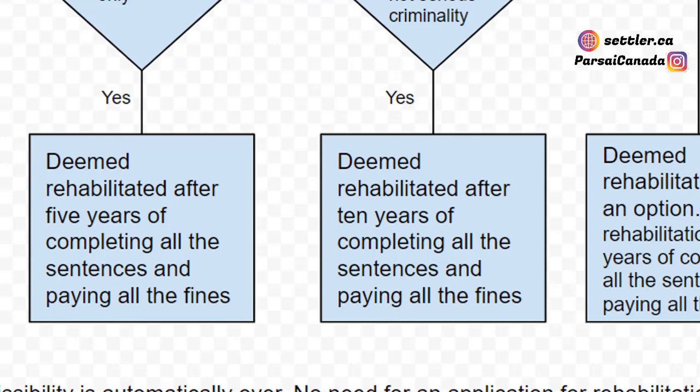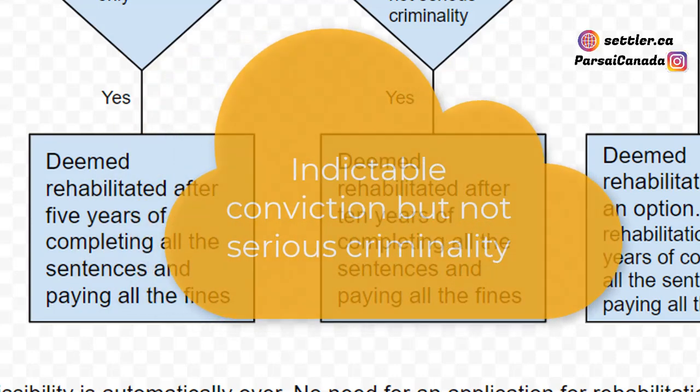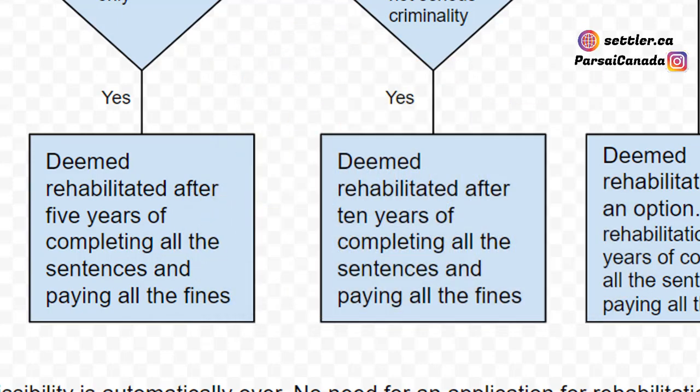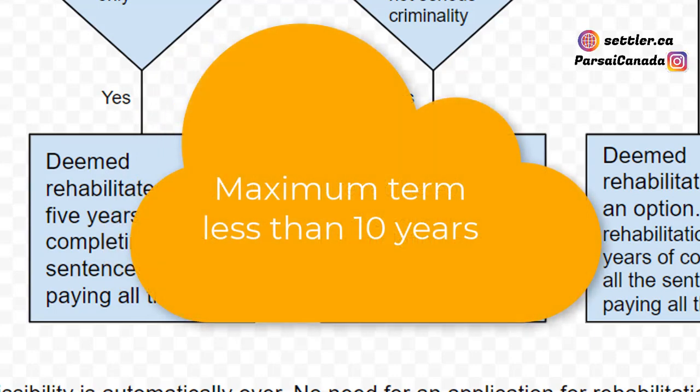So this is only when you have only one indictable conviction in all your life, and that indictable conviction is not considered serious criminality. In other words, if you find the equivalency of that criminal offense in Canadian law, the maximum term of imprisonment is definitely less than 10 years.